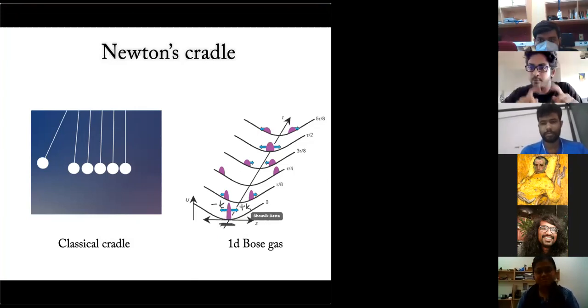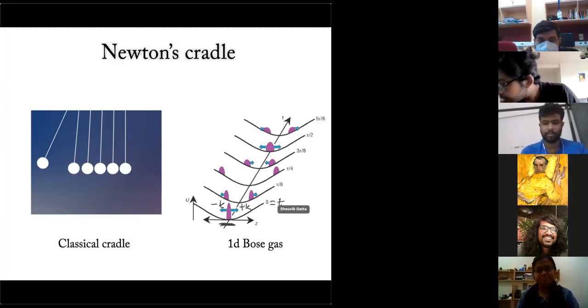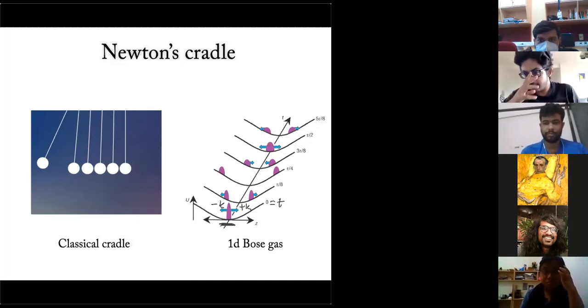You start with this at time t equal to 0, and then you let the system evolve. This is just a harmonic potential, which you can solve exactly, and you start with this initial condition and let the system evolve.